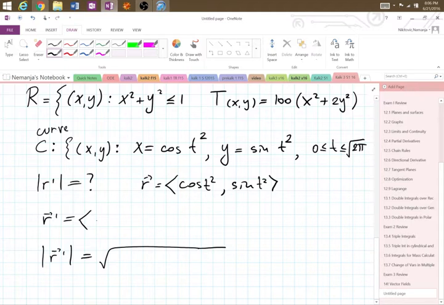So let's differentiate this. I have the chain rule here, so it's going to be derivative of cosine is negative sine. So we have negative 2t sine t squared, and the derivative over here is going to be 2t cosine t squared. There we go. That's much better.